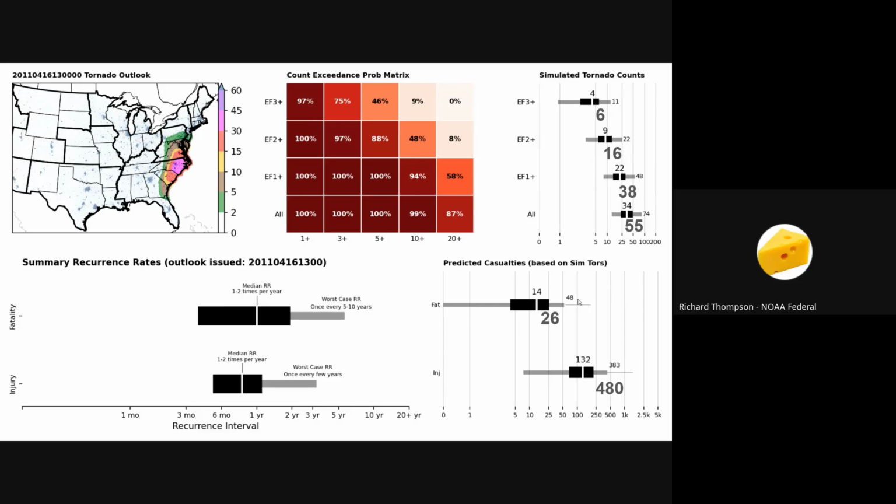And the same thing happened with the fatalities and the injuries. The injuries are a little less trustworthy because the data that drives those estimates is a little bit less believable, whereas there's a lot more attention paid to the specific fatality count. So in this case, it looks like it was a reasonable outcome, well within the envelope of the forecast possibilities.